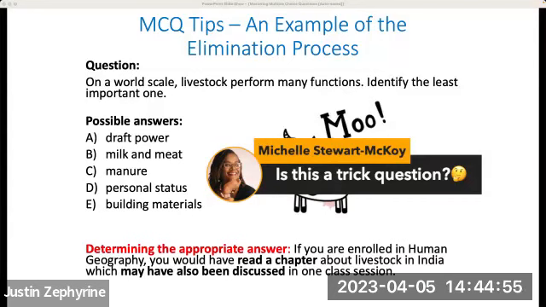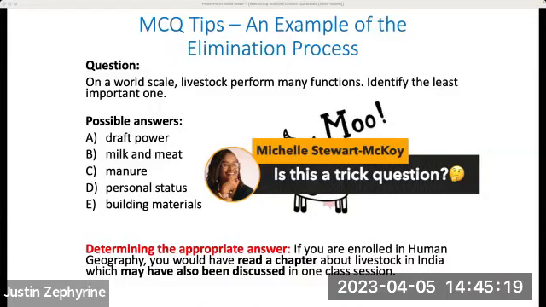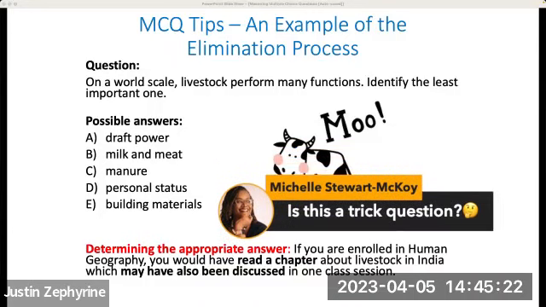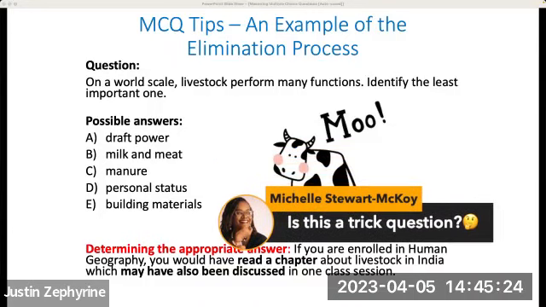Michelle said, is this a trick question? And I have opened my mind here because you said livestock, even though you have a picture of a cow, you said livestock, right? It says livestock perform many functions, and I'd like to think that wherever you are, whatever type of livestock you have, it would propel you upward.